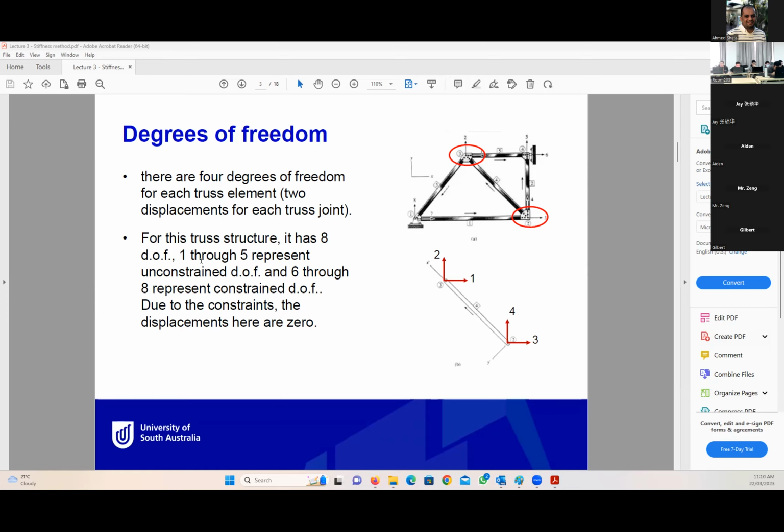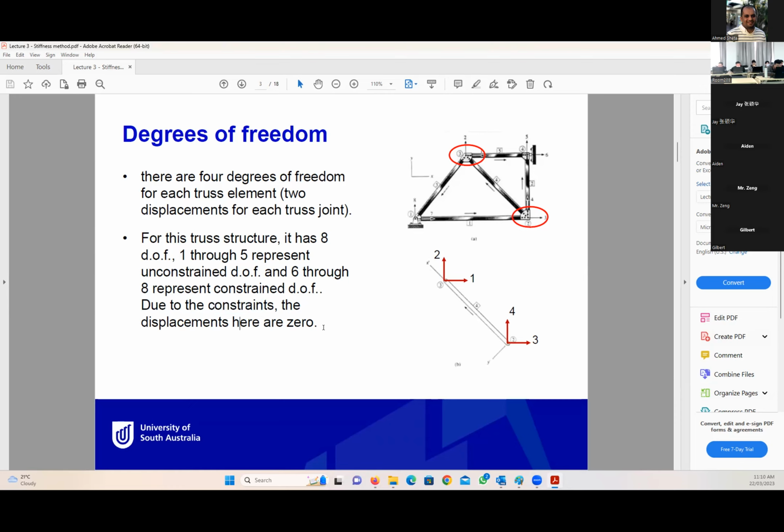Okay, so for this truss, if we look at how many degrees of freedom we numbered, 8: 1, 2, 3, 4, 5, 6, 7, 8. So we have 8 degrees of freedom. From 1 to 5, as we mentioned, are unknowns because we don't know them. But 6, 7, 8 are support constraints, so they are 0.